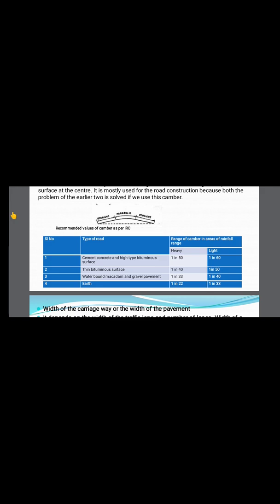Clear here? Just analyze these numbers: 1 in 50, 1 in 60, 1 in 40, 1 in 50, 1 in 33. With 1 in 33, there will be more slope and the center will be at the highest position compared to the others. It means the road has more slope when it is water-bound macadam and gravel pavement.